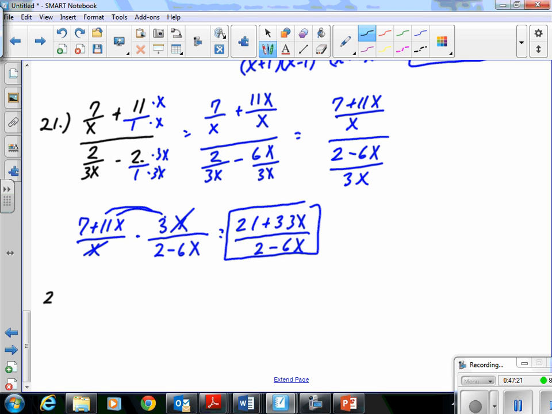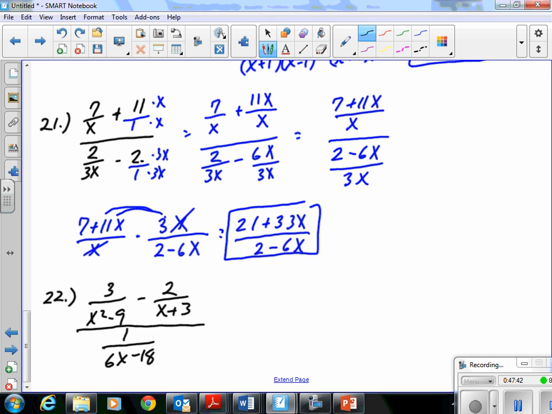Alright, 22. We got 3 over x squared minus 9 minus 2 over x plus 3, and all of that is over 1 over 6x minus 18.